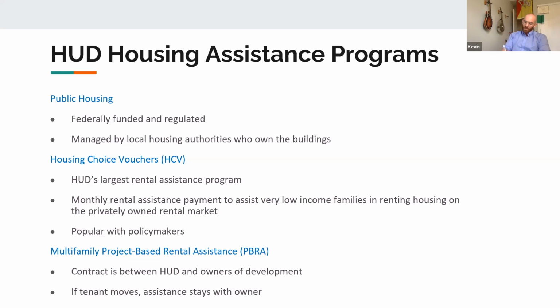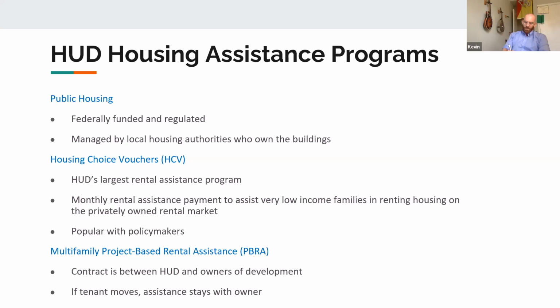More recently, we have been converting a lot of our traditional public housing that is managed by public housing agencies to multifamily project-based rental assistance, or PBRA, properties that are managed by, in some cases, PHAs still, but in other cases, nonprofits or private entities. They still have to be maintained as affordable housing, but the back end of how they are operated and managed changes.